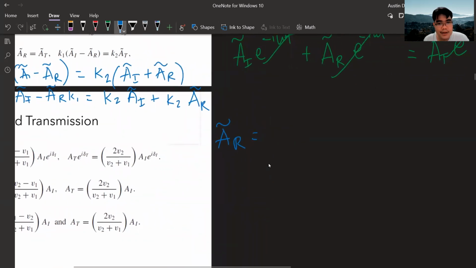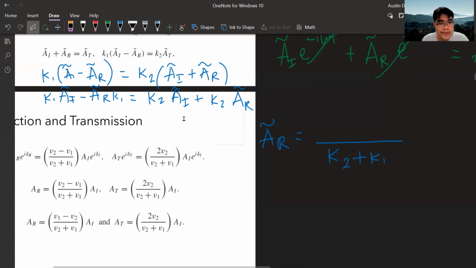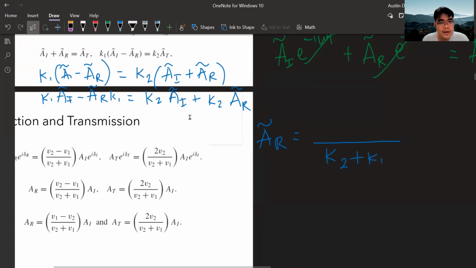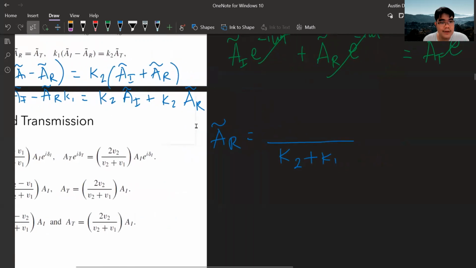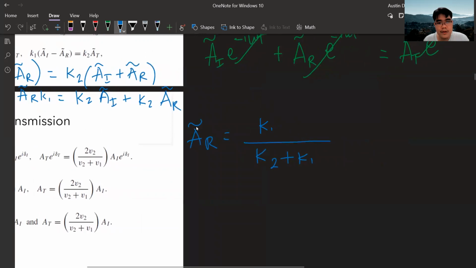Okay, so yung denominator, sure tayo then na K2 plus K1. And then, lipat lang natin. So K1 minus K2. Okay? Okay.